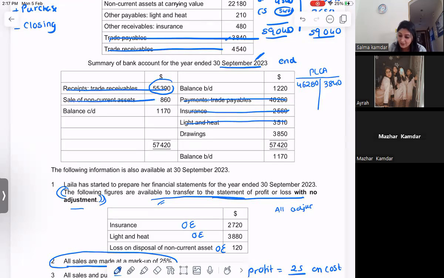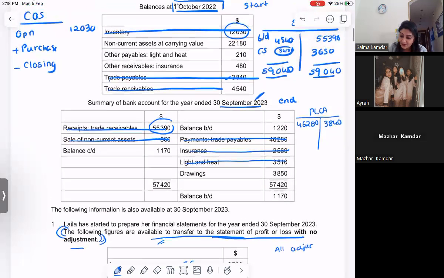Profit or loss on sale of non-current asset has already been accounted for. Think and tell me. Opening outstanding for light and heat is already accounted for and insurance is also accounted for.